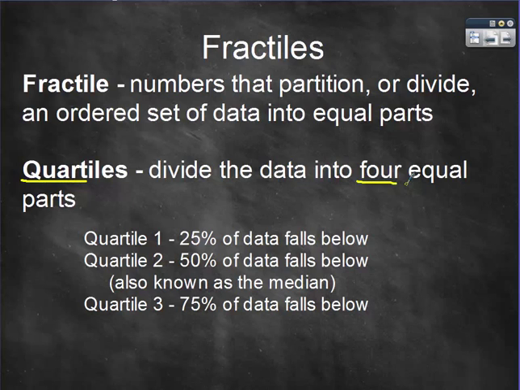Now, we actually have 3 numbers that make up those quartiles: quartile 1, quartile 2, which is also known as the median, and quartile 3. As it goes into the grand scheme of everything, if we have our range of values, here's all of my numbers on that number line.